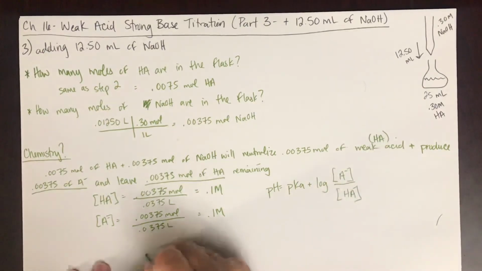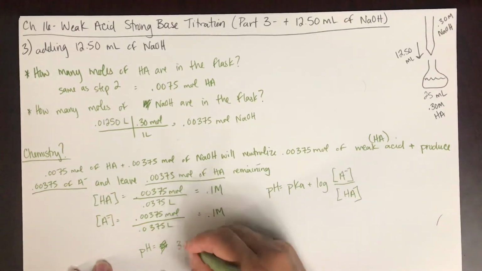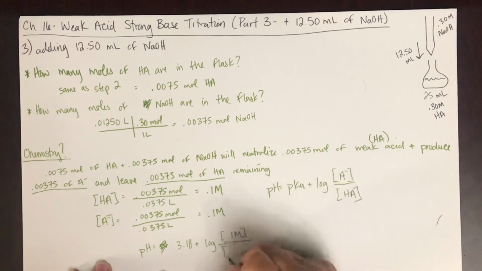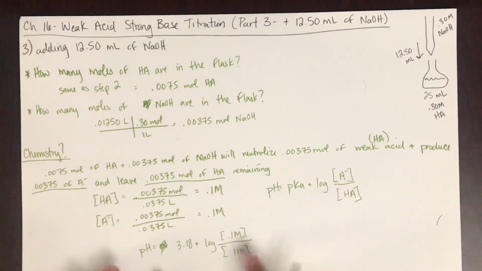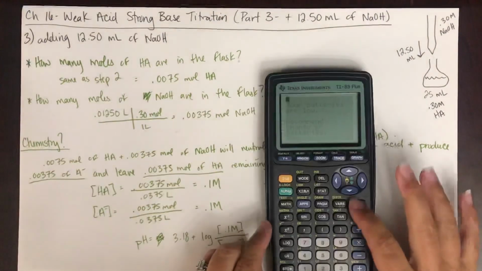So pH equals pKa, which we determined previously to be 3.18, plus the log of the concentration of A minus, 0.1 molar, divided by the concentration of HA, 0.1 molar. You'll notice that this whole thing is going to go away. 0.1 divided by 0.1 is 1.